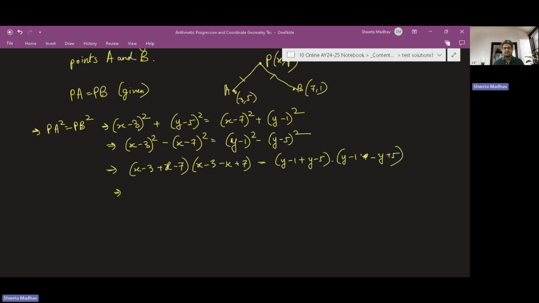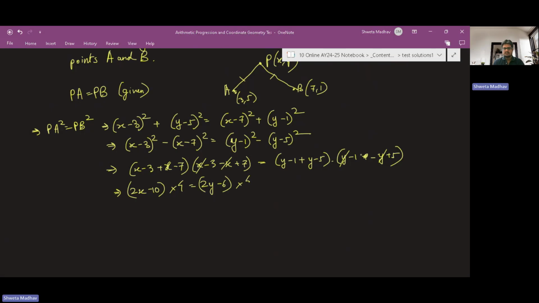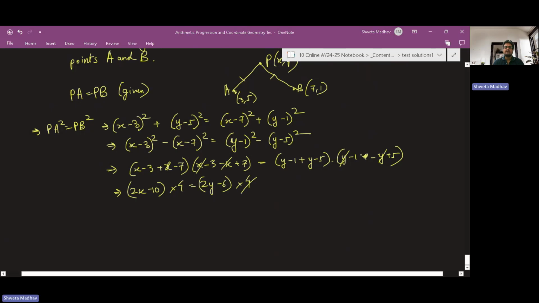So x and y will get cancelled, and this will be (2x minus 10) into 4 equal to (2y minus 6) into 4. 4 and 4 will get cancelled.